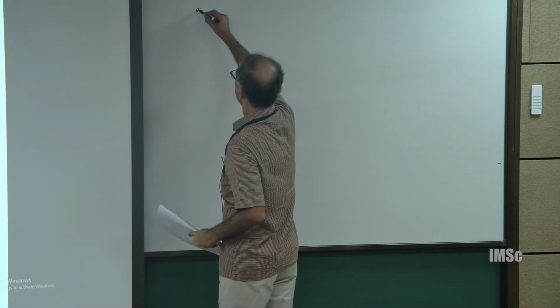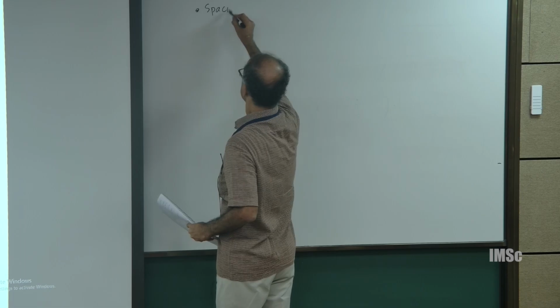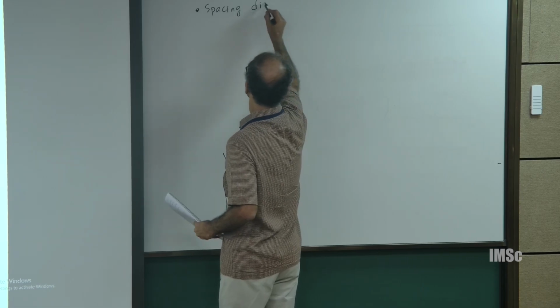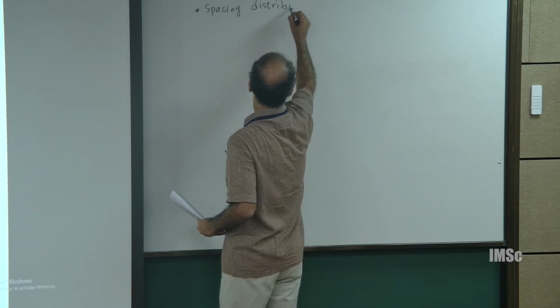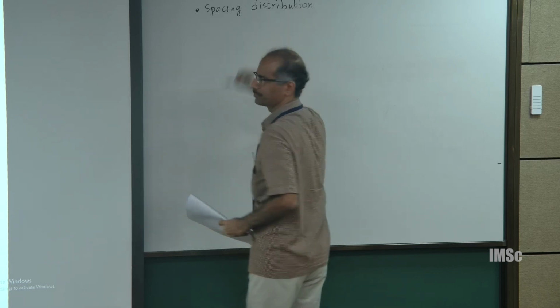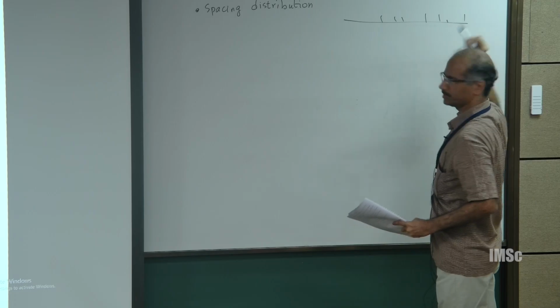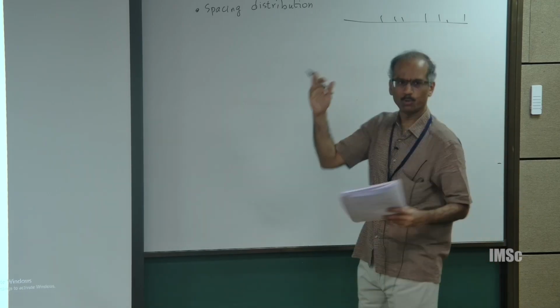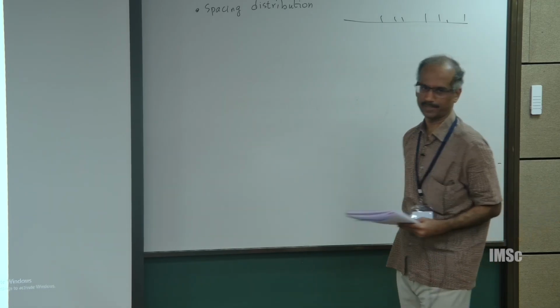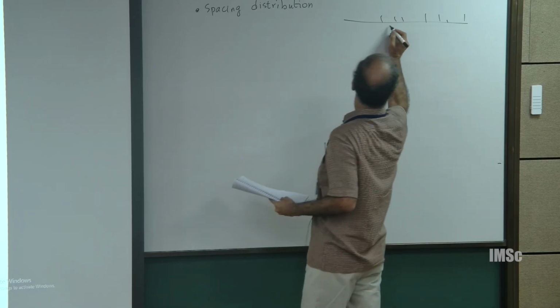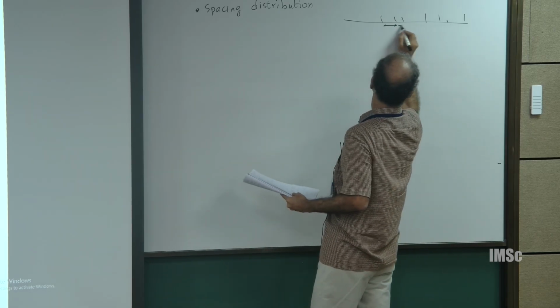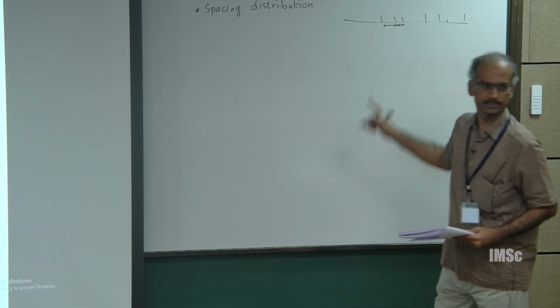So the other quantity I want to look at is the spacing distribution. One is to just look at positions of these eigenvalues, look at how crowded the spectrum is. The other one is to look at the spacing between the eigenvalues and calculate its distribution.